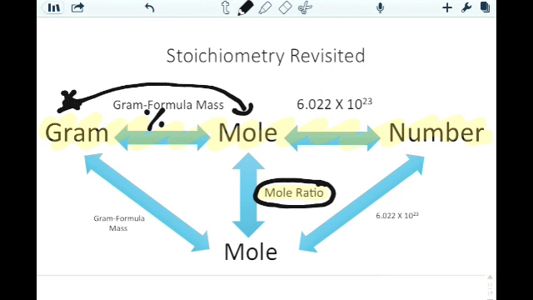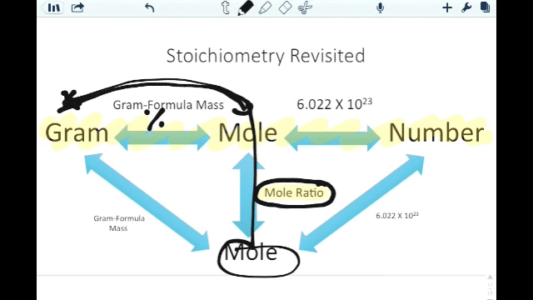So, if I want to go from grams of anything to moles of whatever's in the equation, I can go from grams to moles, use the mole ratio, and figure out how many moles I have. Now I can go back, so say I wanted to get grams.